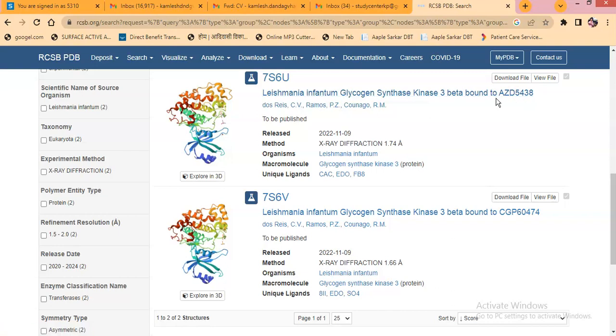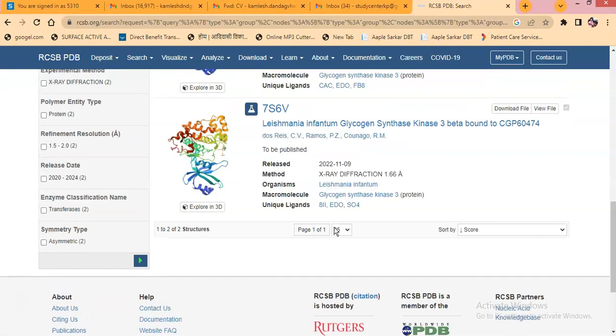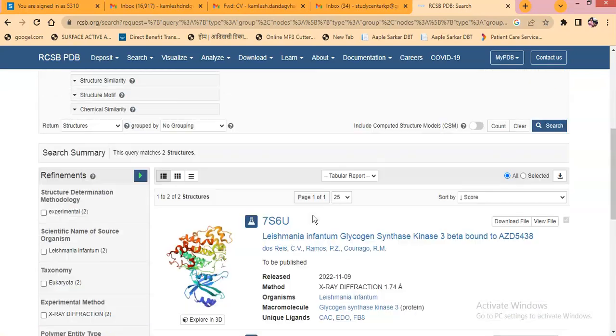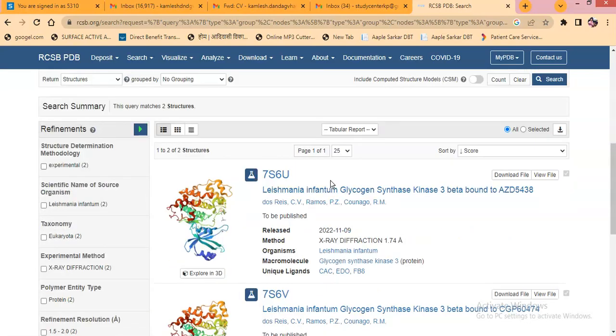This is one ligand available. We will check on the next page. Here you can take any one, for example.